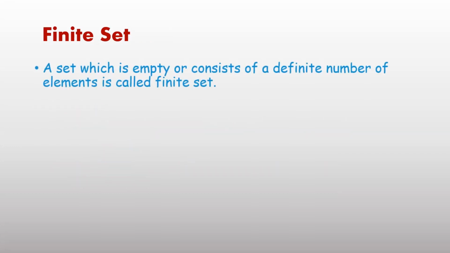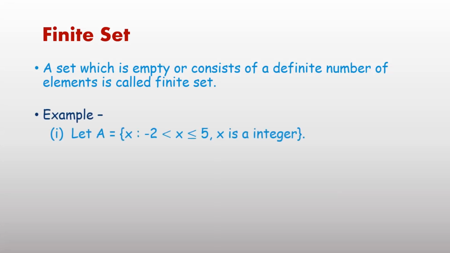Now next topic, finite set. A set having finite number of elements is known as finite set. Empty set also is known as finite set. First example, collection of all integers between -2 and less or equal to 5.